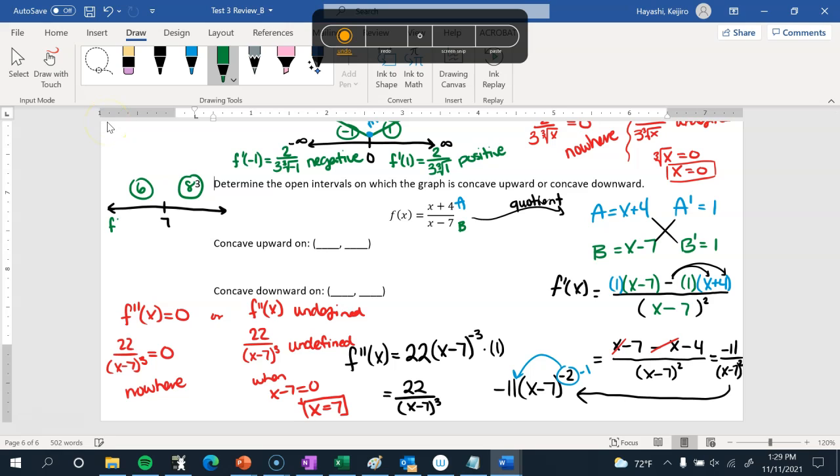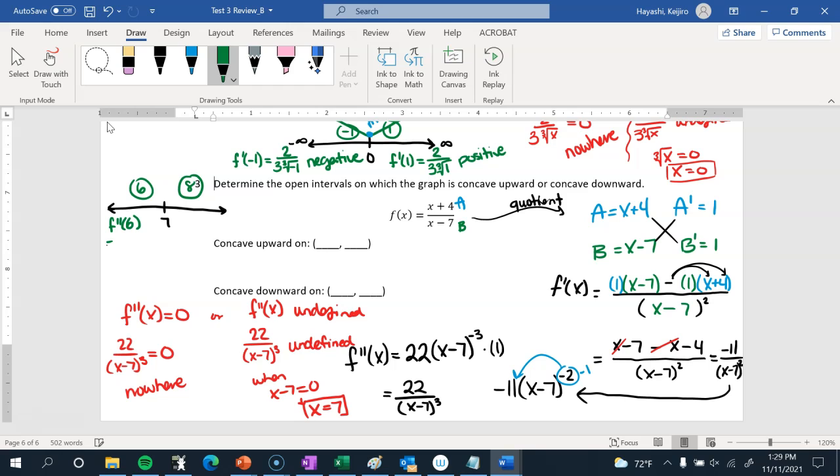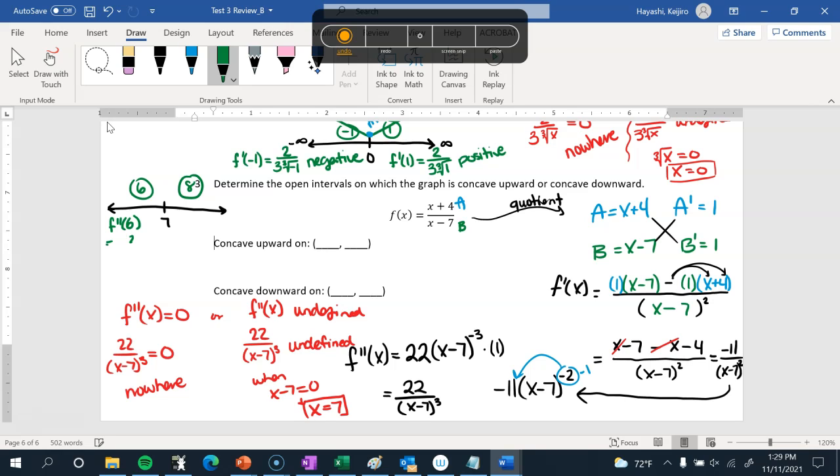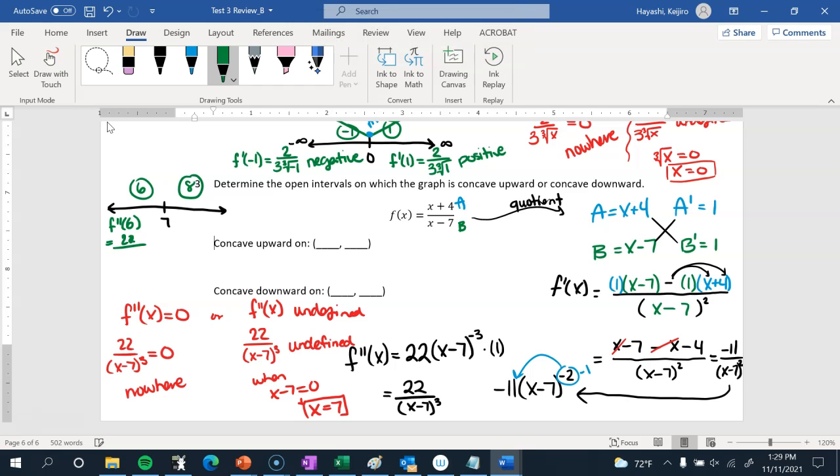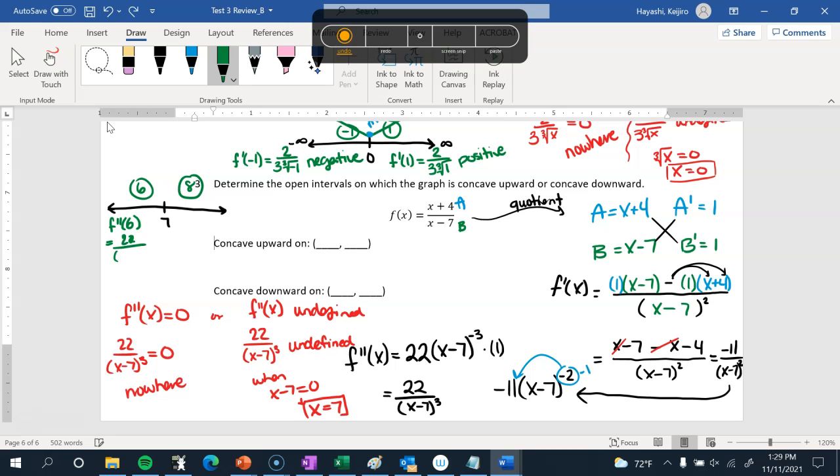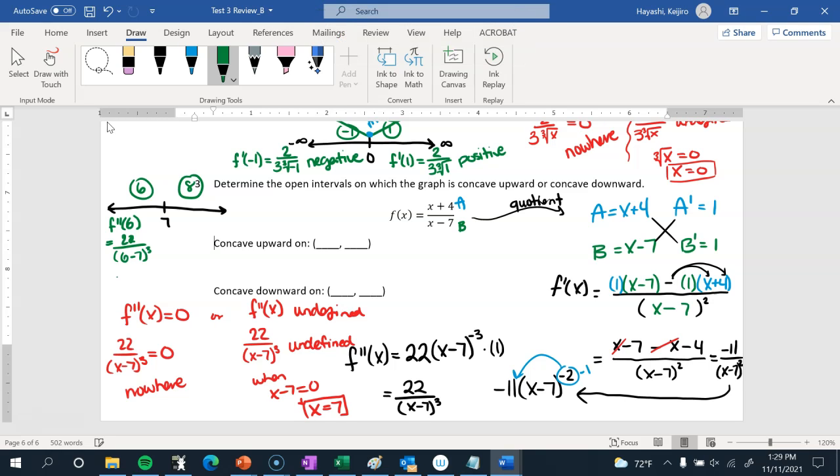So f double prime of 6 is going to be 22 over (6 minus 7) all cubed. 6 minus 7 is negative 1. If you cube negative 1, that's a negative. A positive divided by a negative will give you a negative. And what that means, that f double prime is a negative value, means that the function is concave down here.